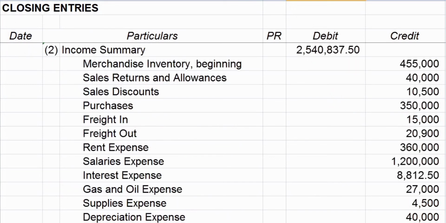Second, the expense and contra revenue or contra sales accounts in the income statement, all of which have debit balances, are credited at their respective account balances, and the income summary account is debited for an amount equal to the total of those nominal accounts.